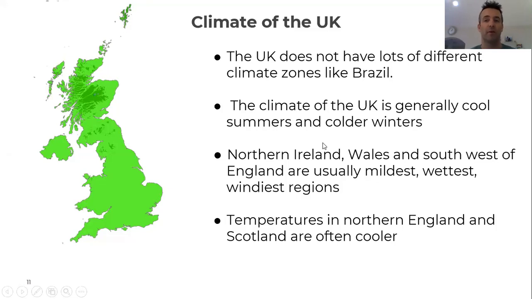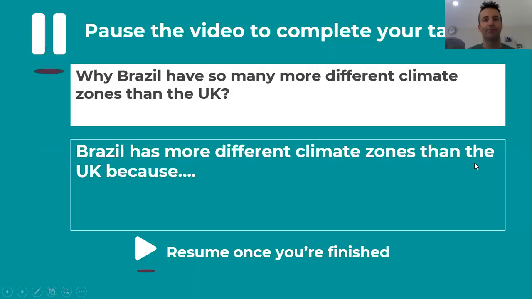And Northern Ireland, Wales, and the southwest of England are usually the mildest, wettest, and windiest regions. Why is that? Because they are close to the Atlantic Ocean. Well done if you remembered that one. And the last bit, the temperatures in northern England and Scotland are often cooler than the rest of the country. So well done if you've remembered those bits.